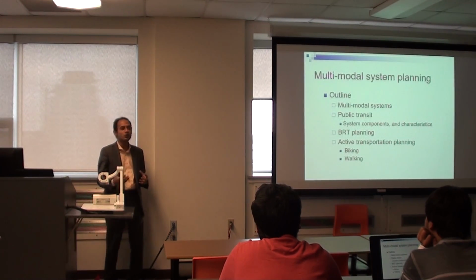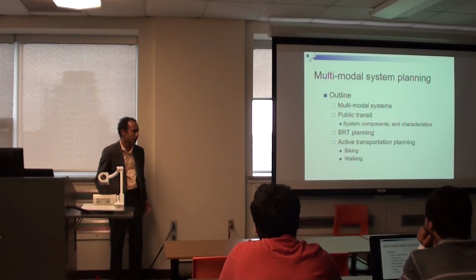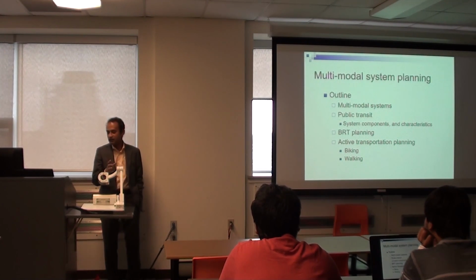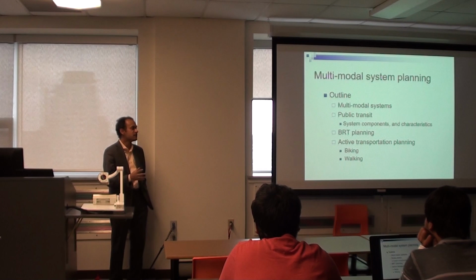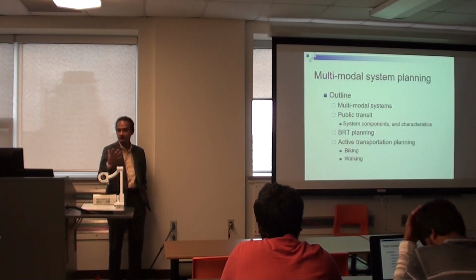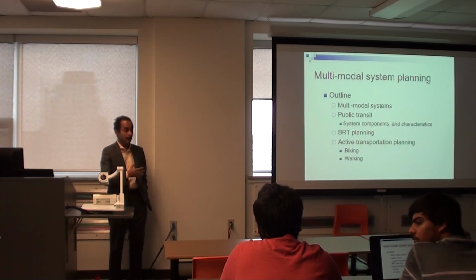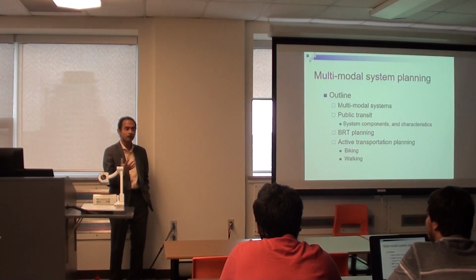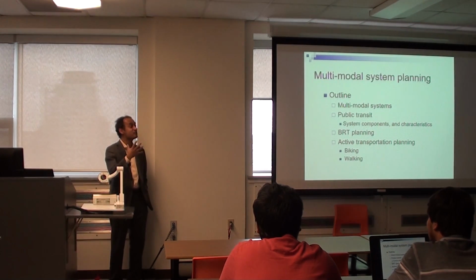Today, I'd like to go back to a fundamental theory of transportation planning these days, which is multimodal transportation planning. The idea here is that there must be some sort of integration of different types of modes people can use, and the opportunities and services that we can provide. I will talk extensively on the backbone of multimodal transportation planning, which is public transit: what it looks like and what the system components are.